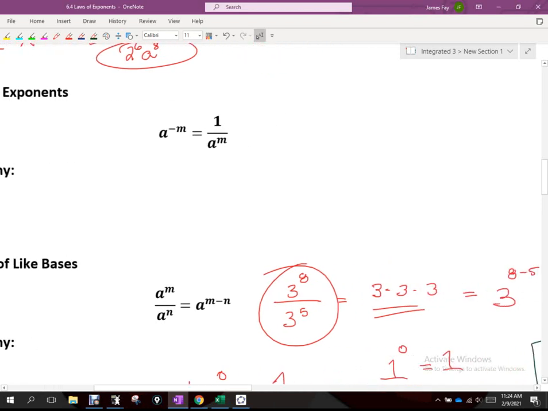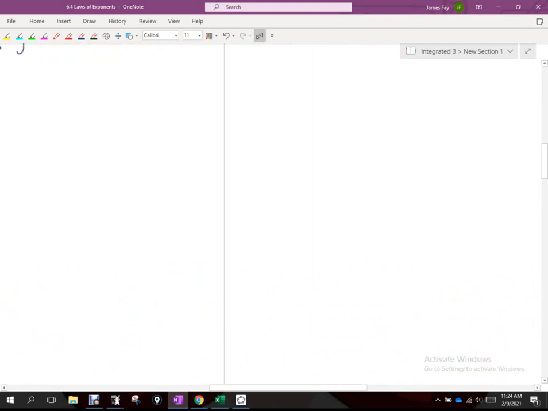Let's look at a pattern here real quick to help emphasize this negative exponent stuff.